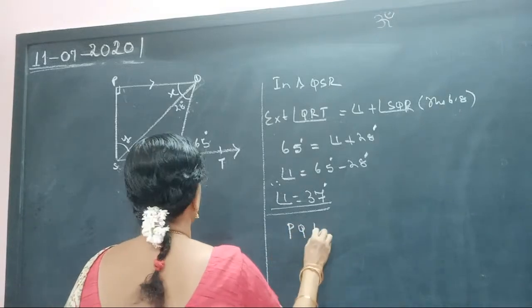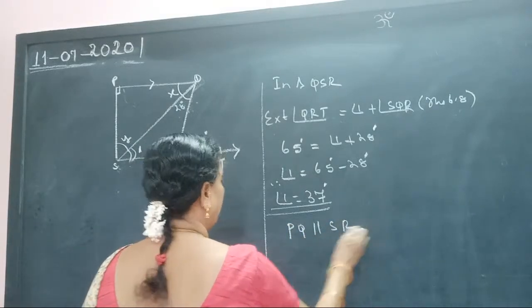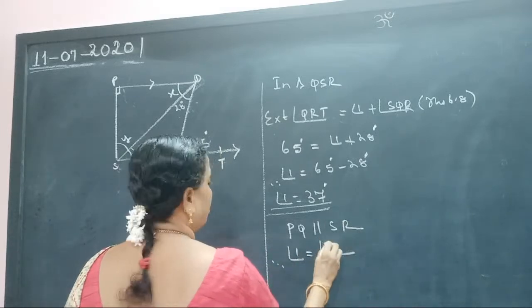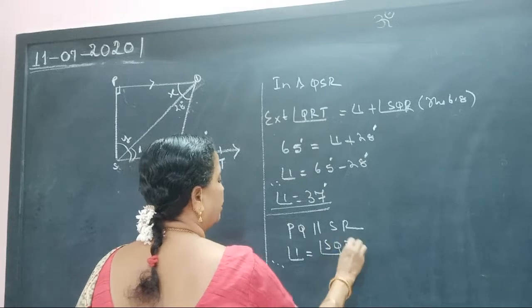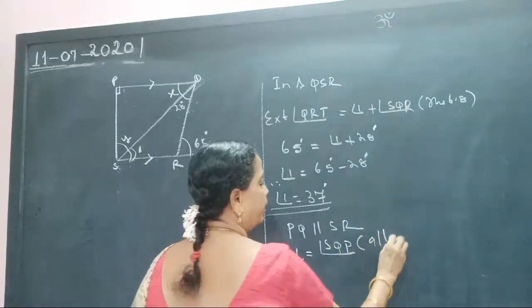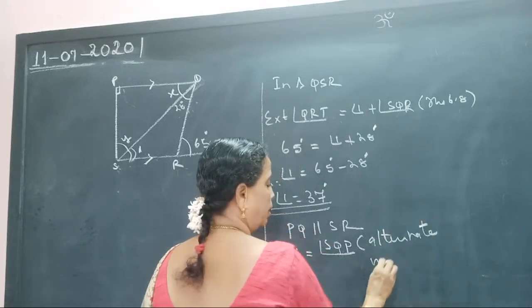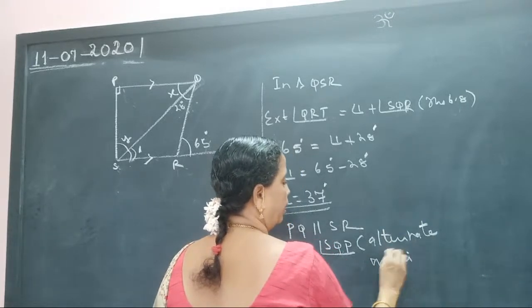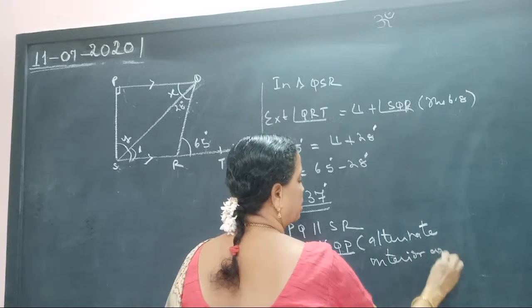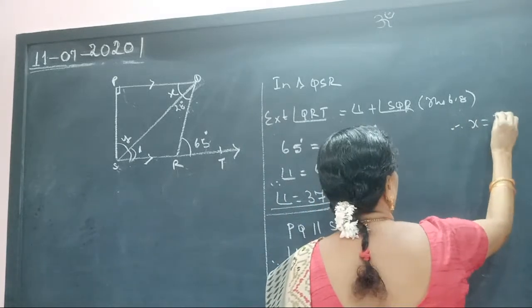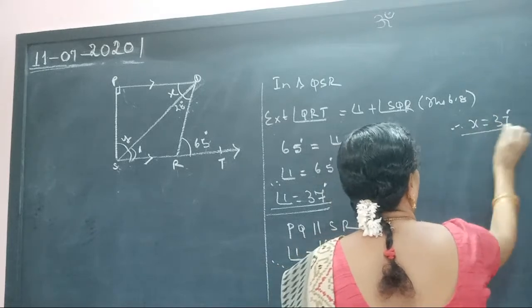PQ is parallel to SR. Therefore, angle 1 equals angle SQP. Alternate interior angles. Therefore, X equals 37 degree.